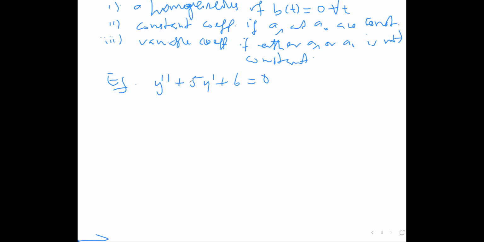In this example we have a second order linear homogeneous equation. You can see it's homogeneous because the right side here is 0. Two, it has constant coefficients because these are constants.